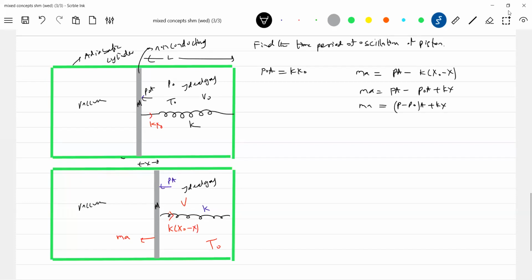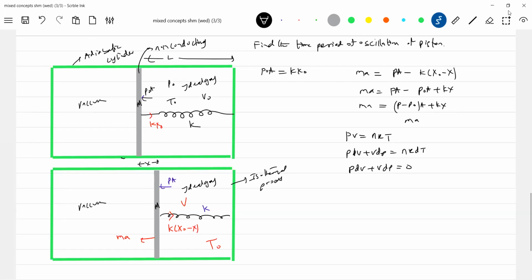Let the gas undergo an isothermal process. I had to define A. So if it is an isothermal process, then what do we write? PV equals nRT. PdV plus VdP equals nRdT, so this becomes PdV plus VdP equals 0.